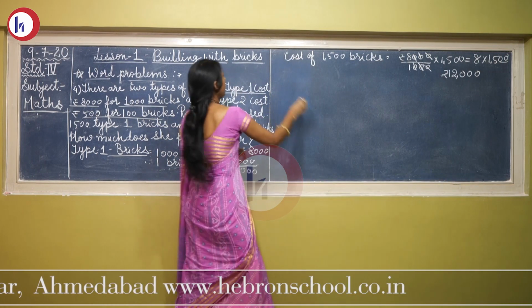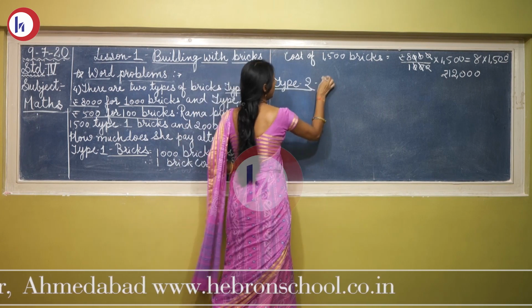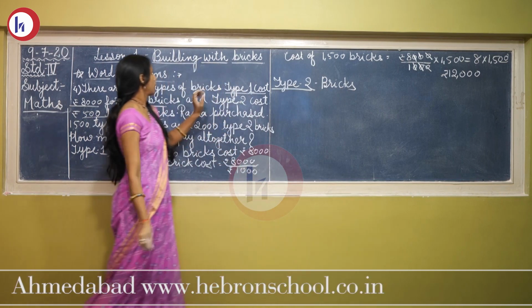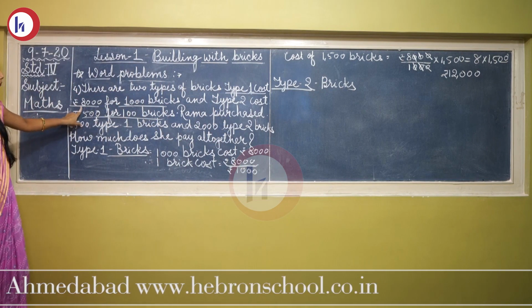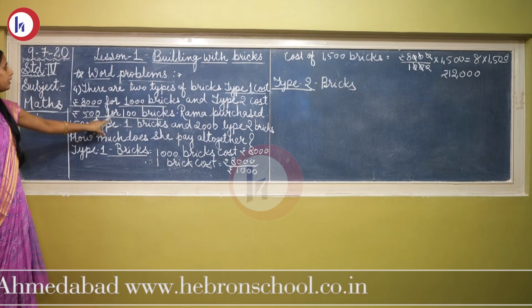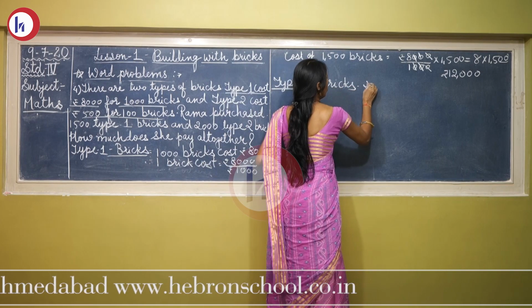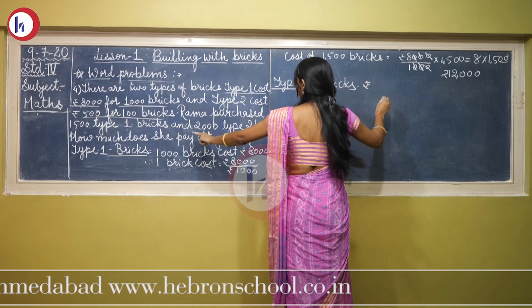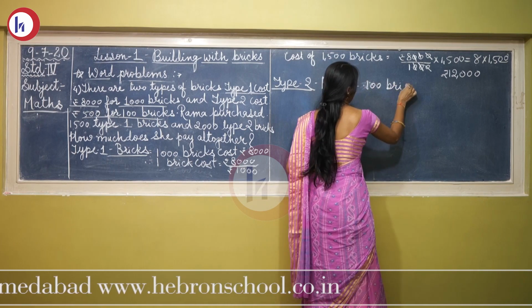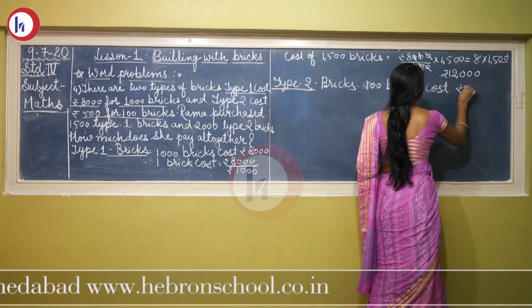Now, the next turn. Type 2 bricks. Now, see the question again. Type 2 costs rupees 500 for 100 bricks. So, 100 bricks cost rupees 500.